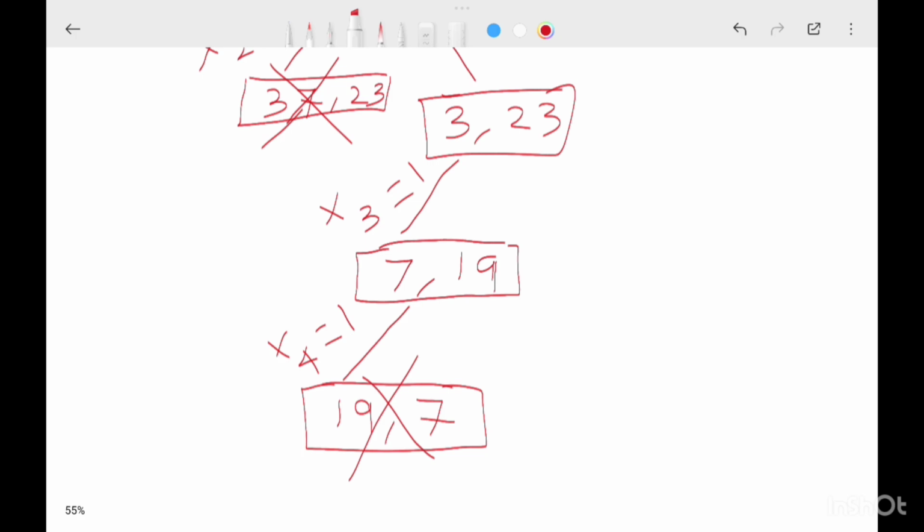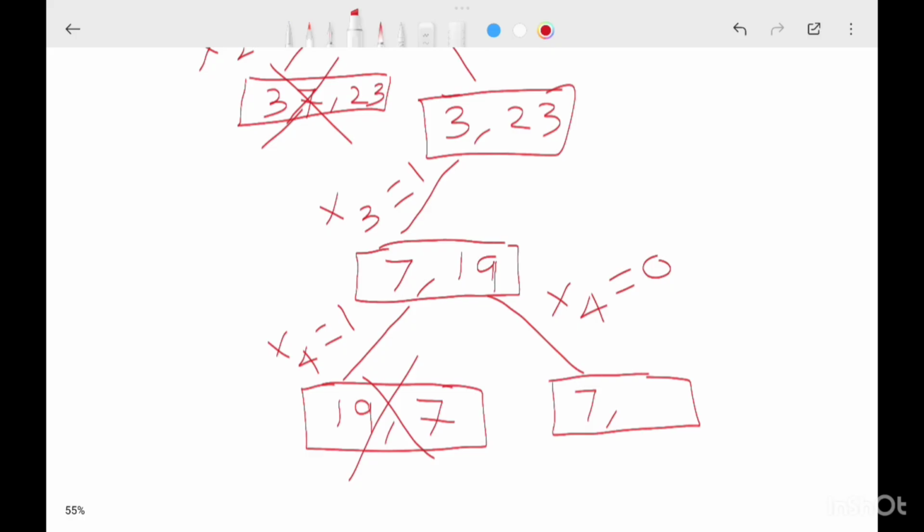So I am backtracking to the previous state. From this state, the next state is excluding the fourth value from the result. If I exclude the fourth value, then the sum will be 7 only, because the fourth value is not included. With the fourth value, the remaining possible sum was 19.